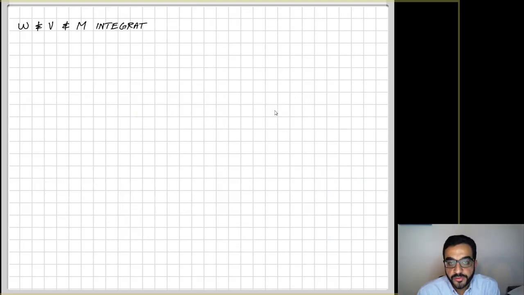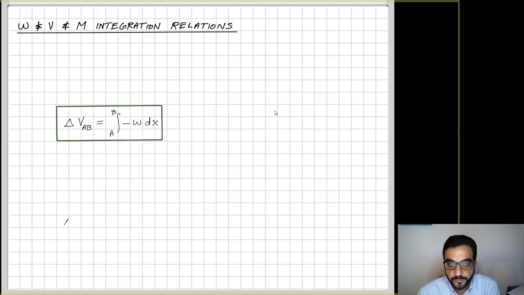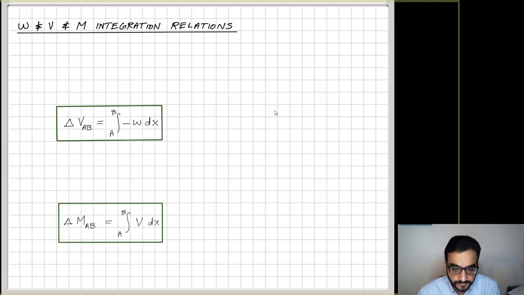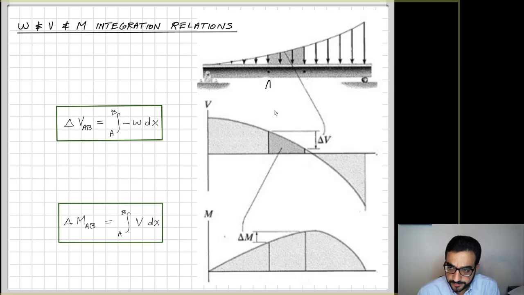So let's build on that and maybe summarize the relationship between W, V, and M from an integration perspective. So these are the two relationships.